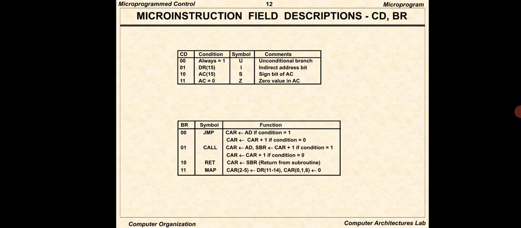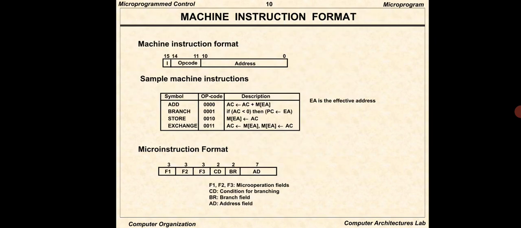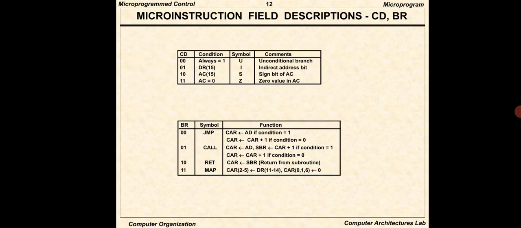Next, what is my next field? Next field is your BR field, which is of 2 bits. That is your branch field of 2 bits. What is my branch field based upon these 2 bits? 4 combinations: 0 0, 0 1, 1 0, 1 1. If it is 0 0, then it is a normal jump instruction.